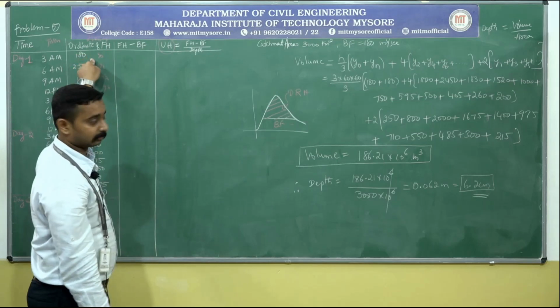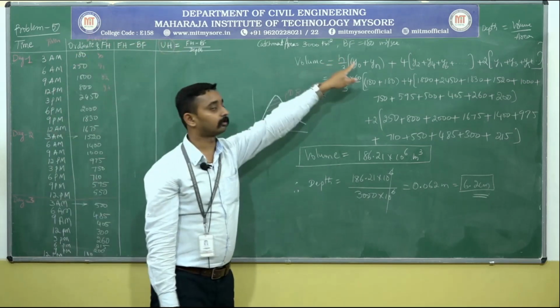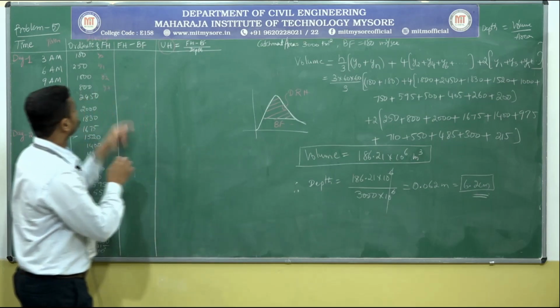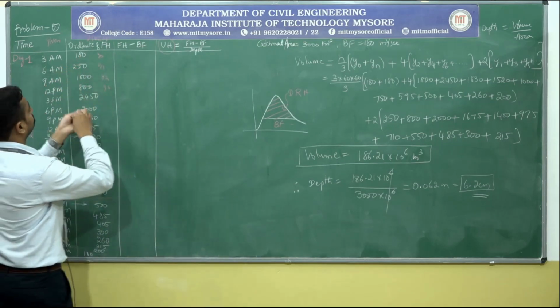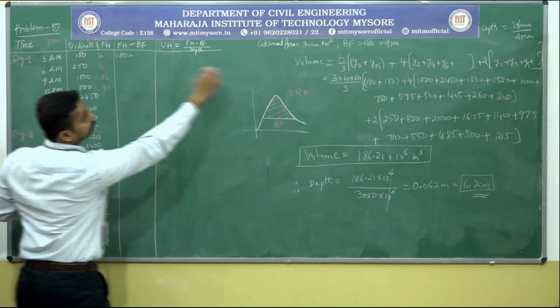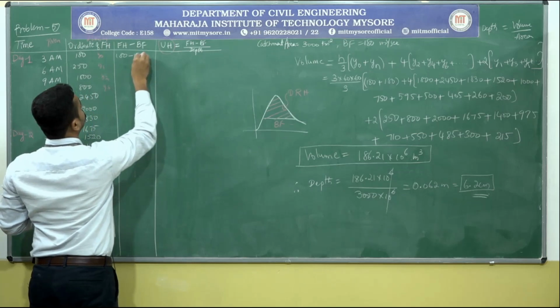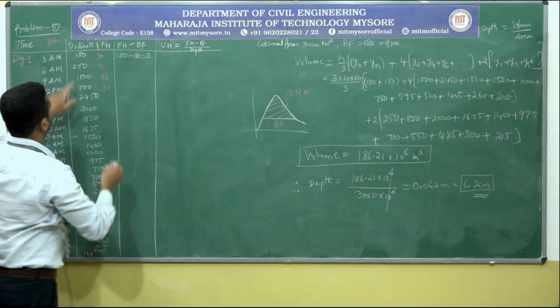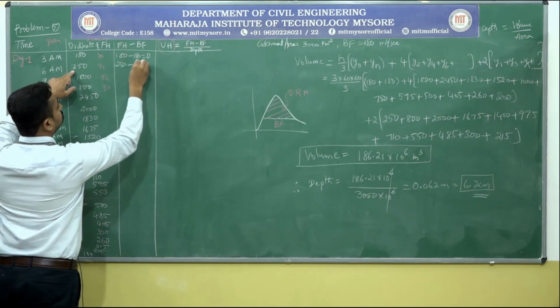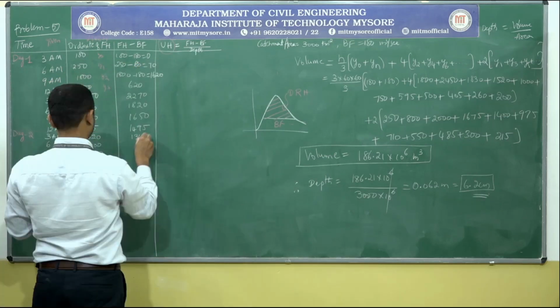We have the flood hydrograph and we know the base flow, so calculate the direct runoff hydrograph. The first flood hydrograph ordinate is 180 and base flow is also 180, so you get 0. Next, flood hydrograph is 250, base flow is 180, you get 40.